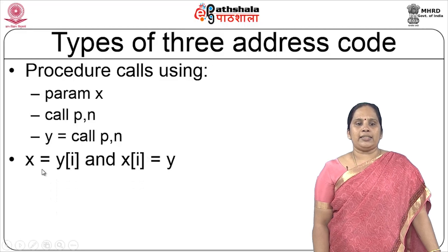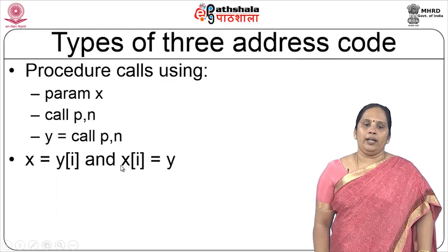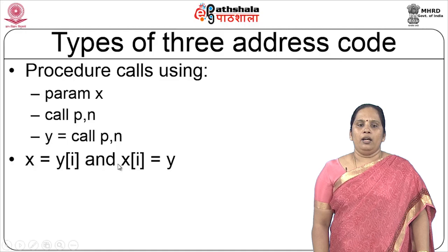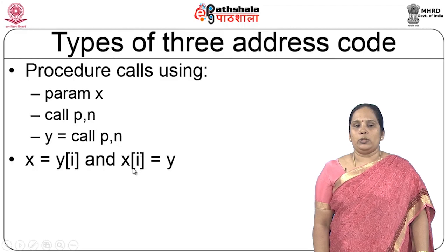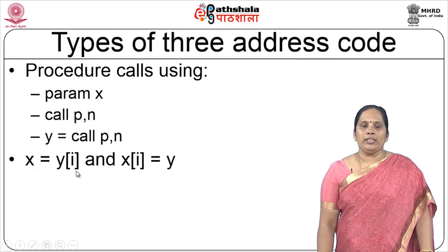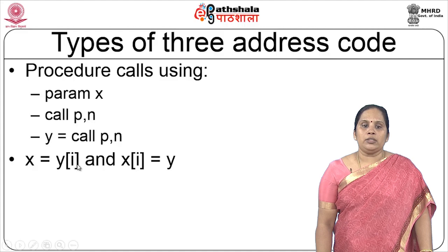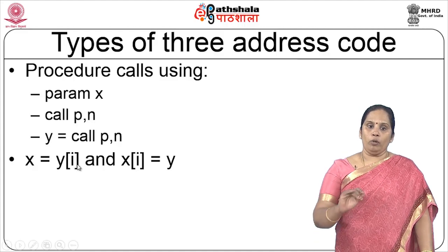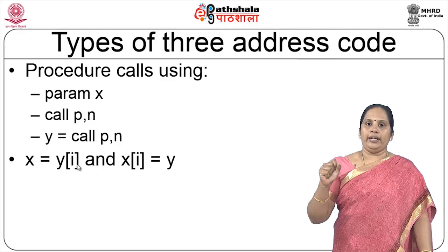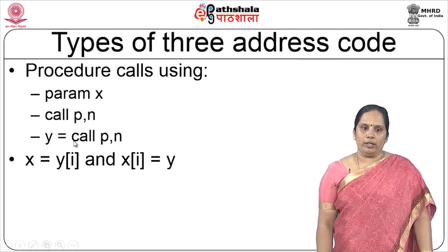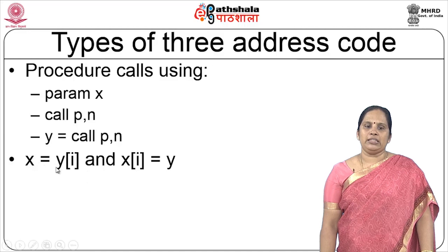The next one is X is equal to Y of I and the reverse, vice versa. My array can be on the RHS, and the array can be on the LHS also. So X of I is equal to Y. What does it basically do? It computes Y of I, that is, go to Y, look at index I, get its content and put it into X. That is one interpretation of this statement.